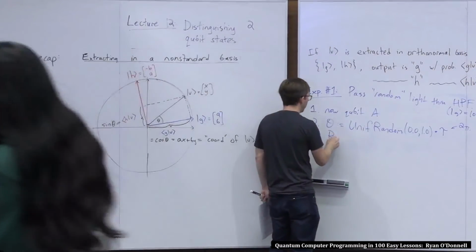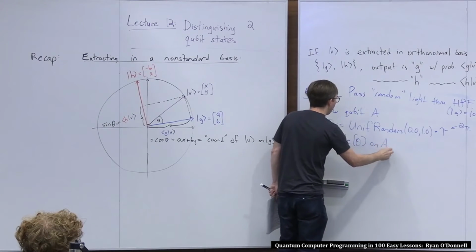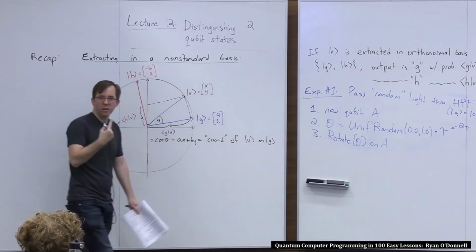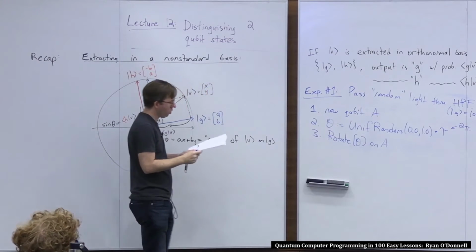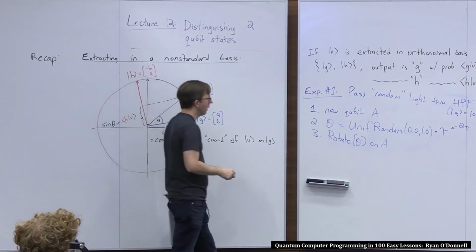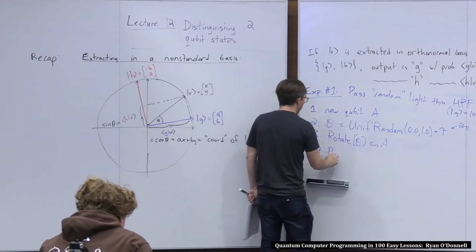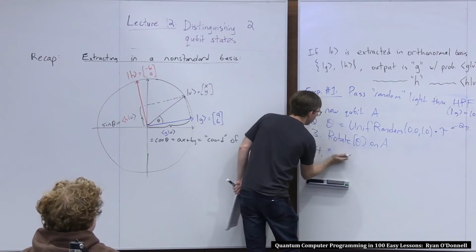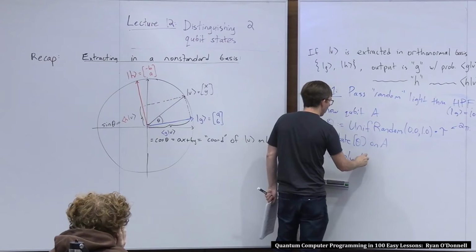And then we'll imagine we rotate theta on A. So this little subroutine gives us a new qubit whose state is a random angle. And then let's say we pass it through. This is not really our pseudocode, but we'll apply the horizontally polarizing filter.